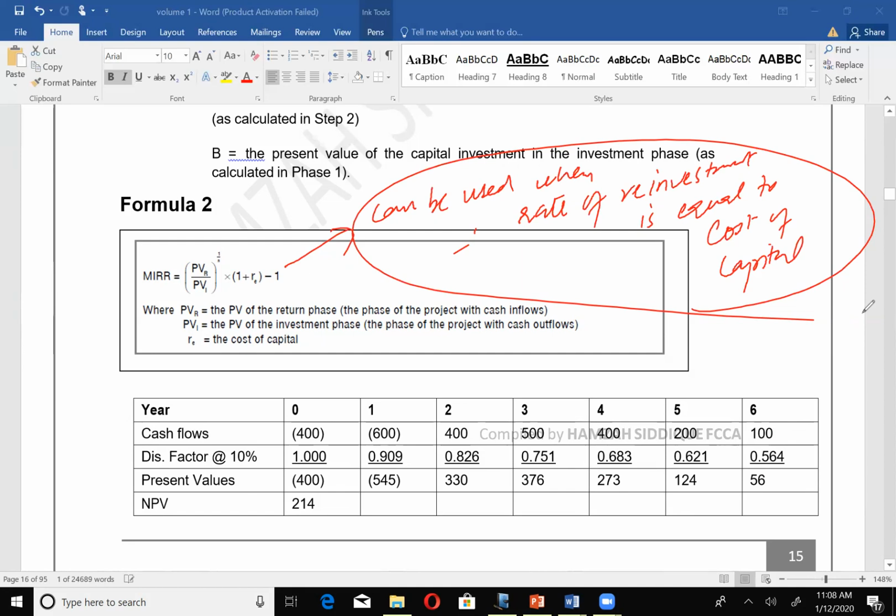You can note down, please. Note down this formula on your copies and note down this thing. It can be used only when both rates are the same. After noting it down, tell me done so that I can proceed.